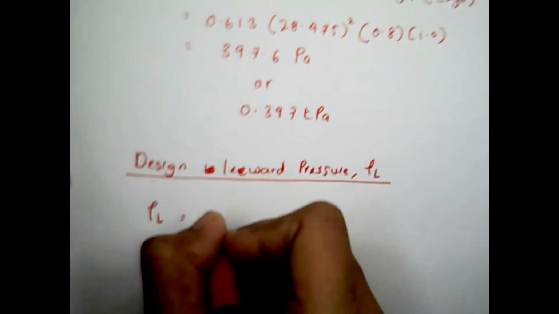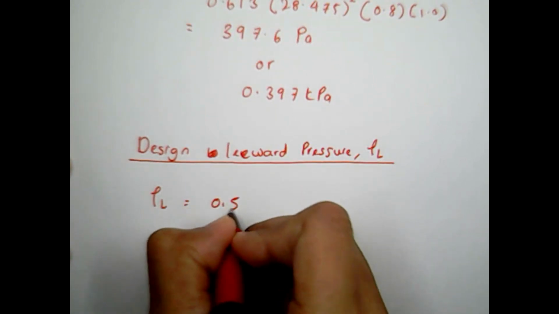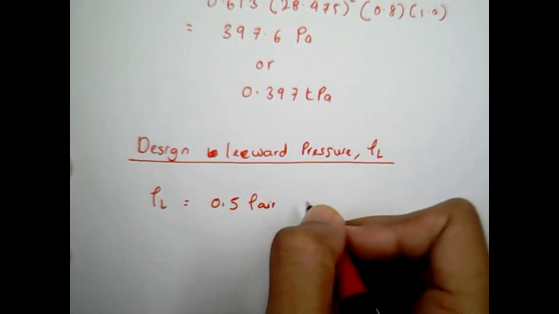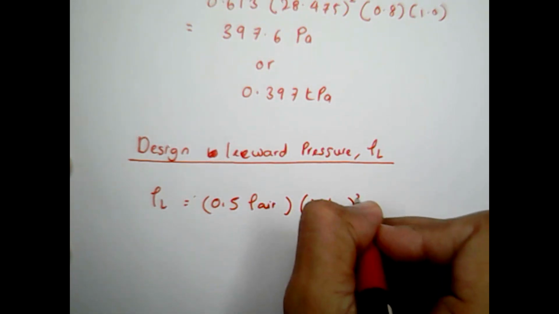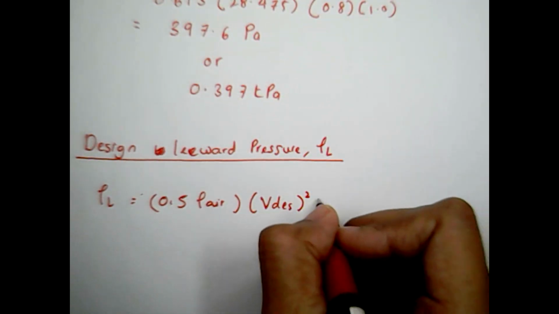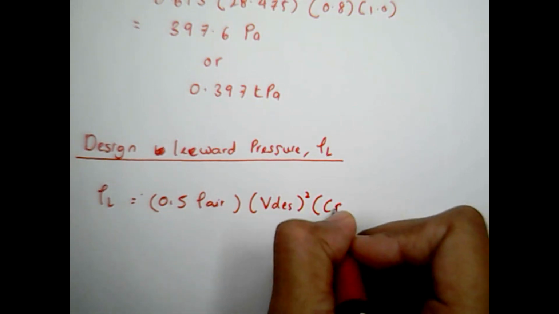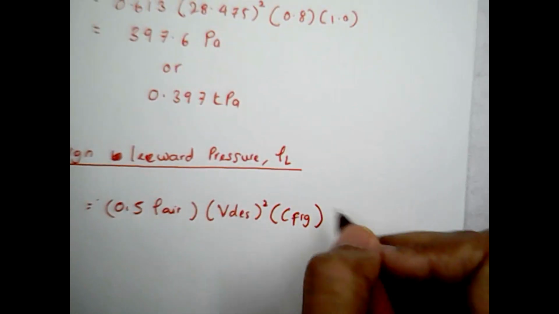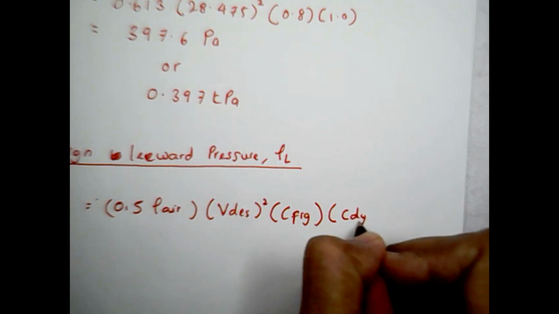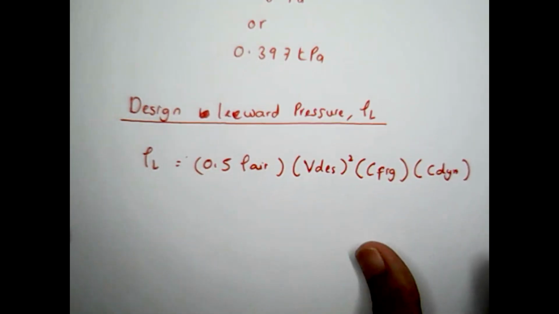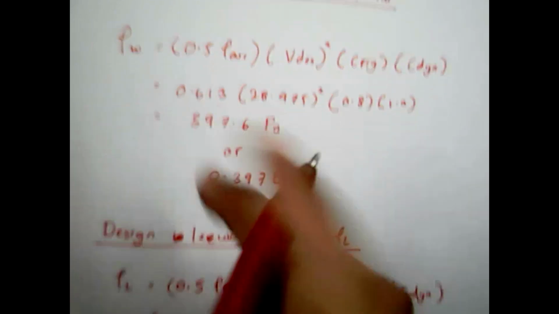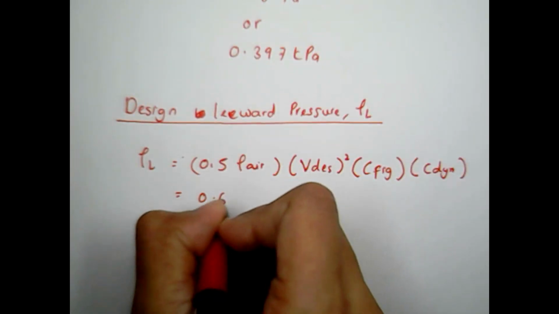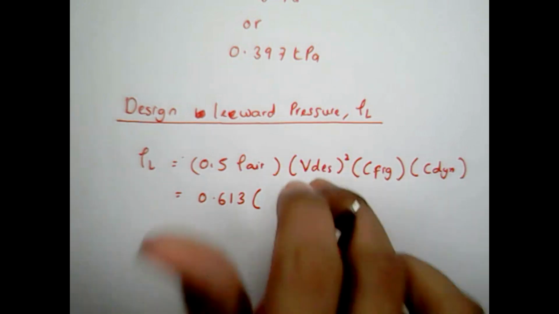so again you will have 0.5 air times V dash squared times C fix, and times C dynamic. So here again you will have the similar one, 0.613 times, what is your V dash?